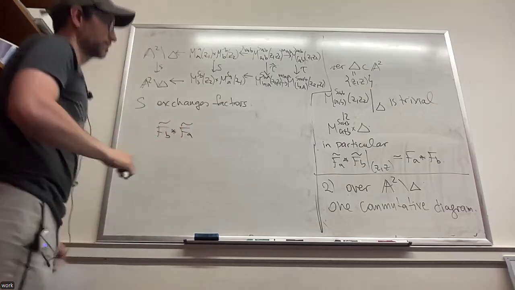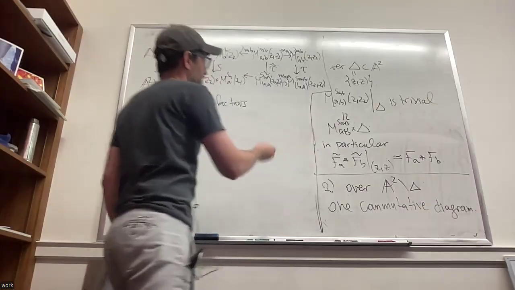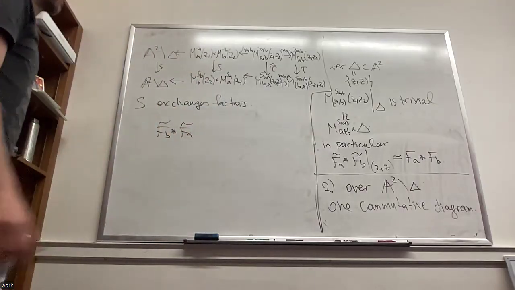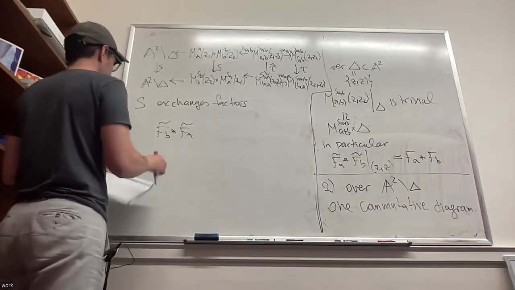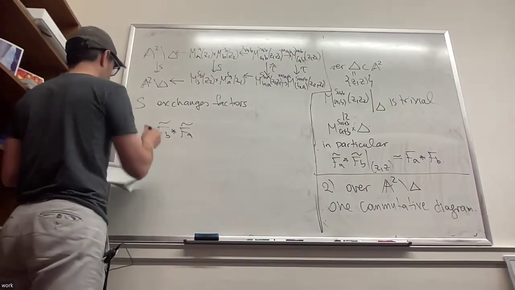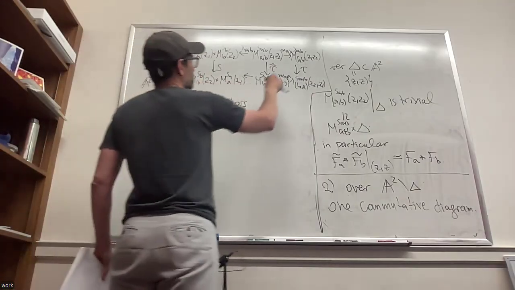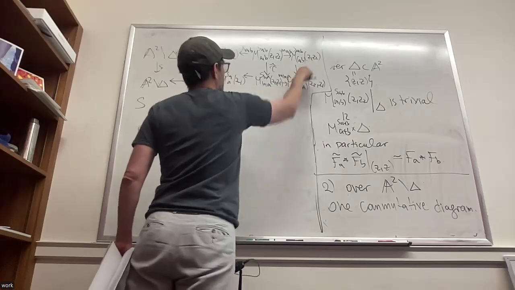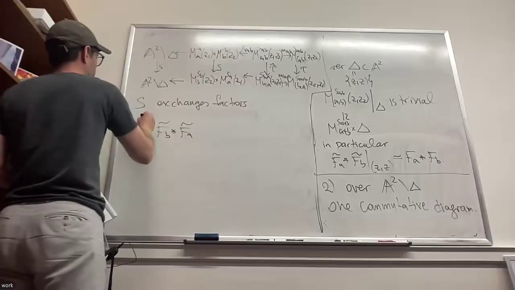This is all scooped from a paper that I have, so even though I'm skipping a lot of things, you can look up the details. The point is that we can look at the product in the opposite order, F_B F_A instead of F_A F_B. That's an object that lives here. Now let's apply tau upper star.